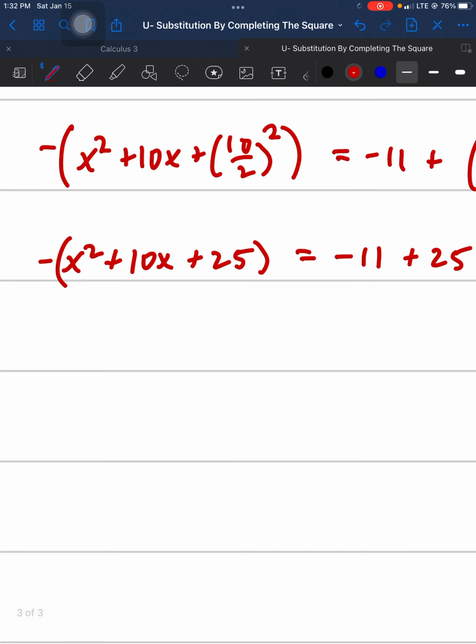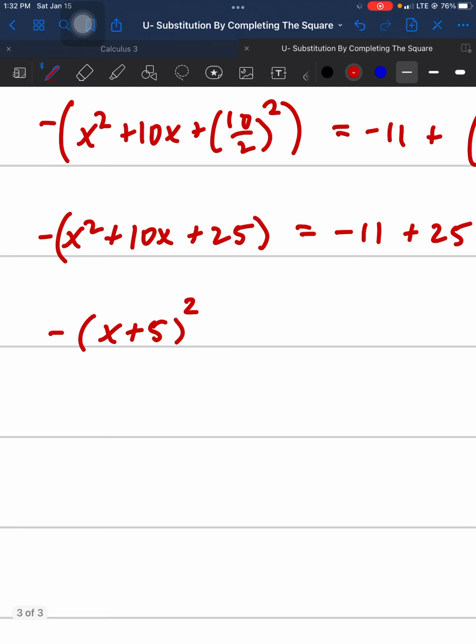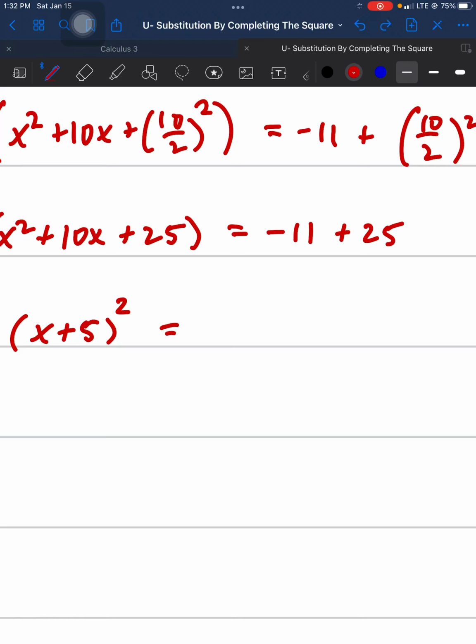So we add 25. Now inside of this we have x plus 5 squared, right? Because we want to be in that form a(x minus h) squared plus k. So we have the (x minus h) squared right here, and on this side when we simplify that, we get 14.